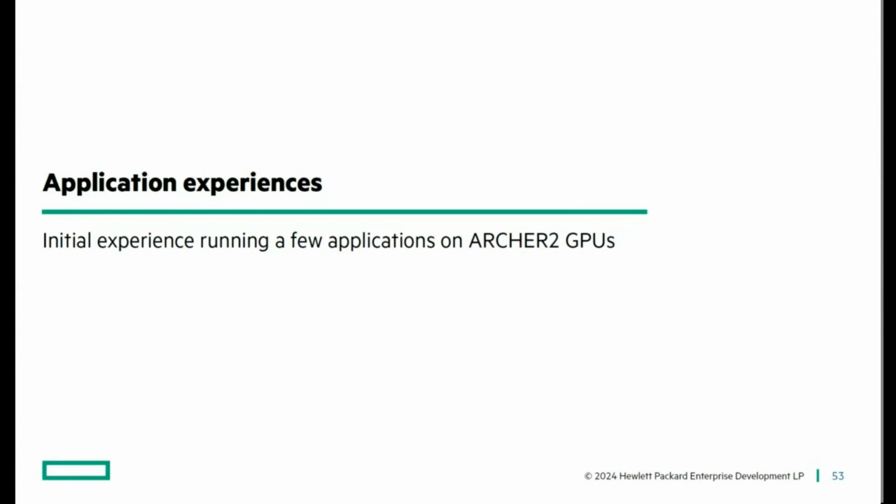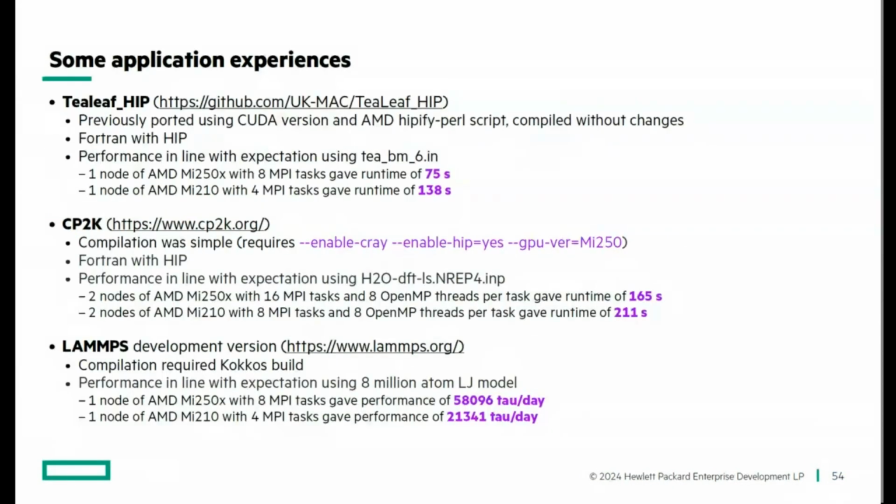Okay. The next two slides are just our initial experience from running and compiling a few applications on these MI210s. Firstly, we took a CUDA port of the TeaLeaf mini app, and we ran Hipify Perl on the kernels to produce a HIP version, which worked surprisingly easily, aside from a few NVIDIA-specific hardware changes that needed to be made, such as warp sizes.